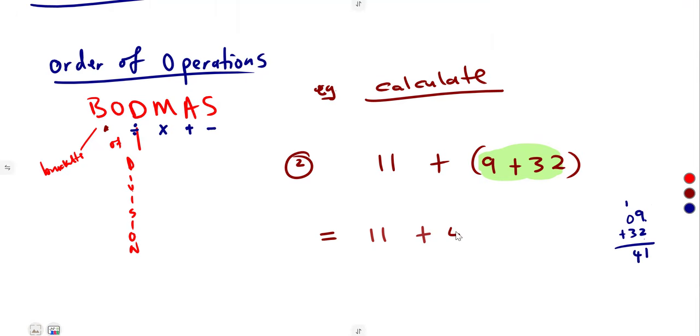So that is going to give us 41. So now we can add these two, 11 plus 41. Adding the column, 1 plus 1, that's 2. 1 plus 4, that is what? 5. Or you can simply use your calculator. At that point, it is not a problem. All right, so that is a simplification.